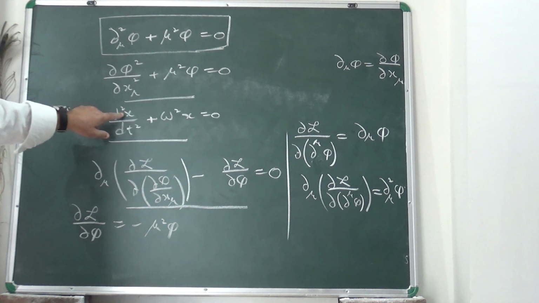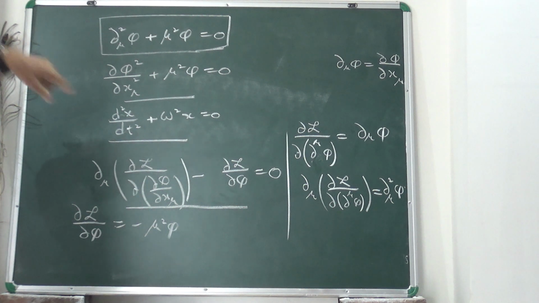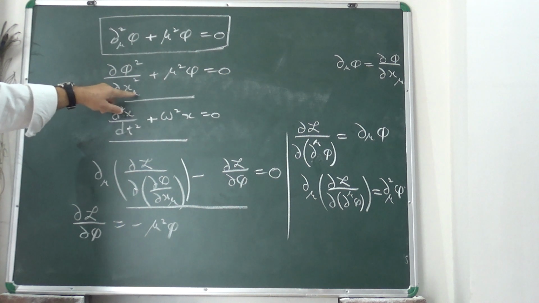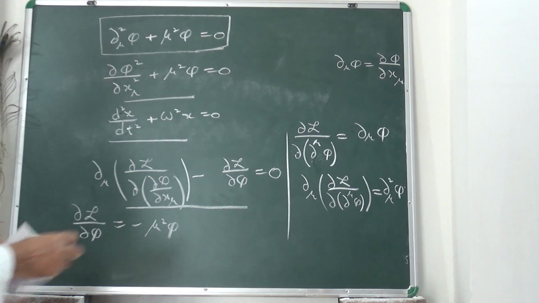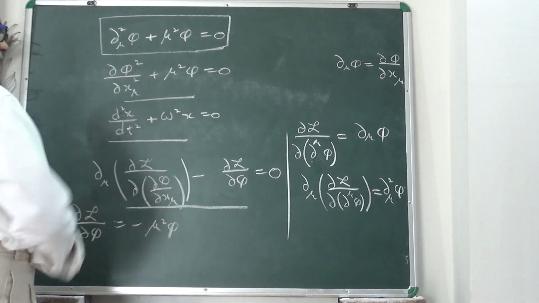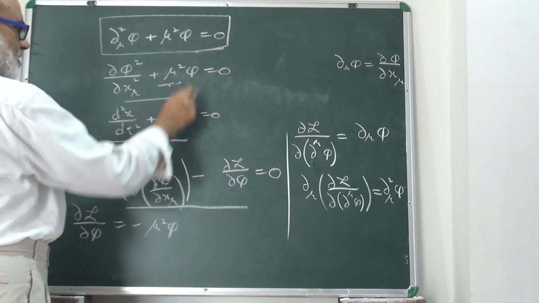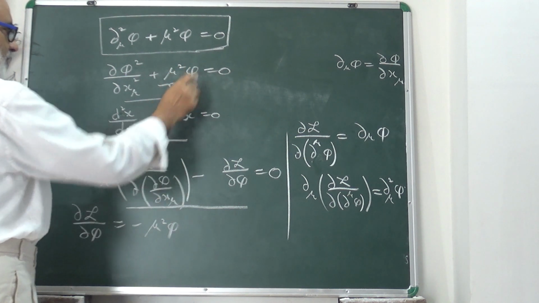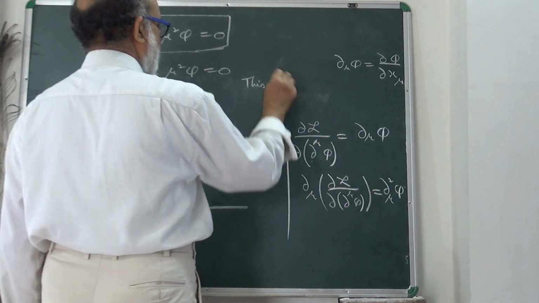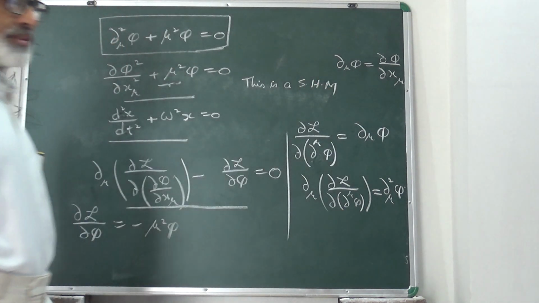Here instead of position x, we have the field. The position varies with time, but here the field varies with both space and time. Mu has 4 components, 1 component for time and 3 components for space. And here this is the mass term, like omega, and instead of x we have time. So you can say that this is simple harmonic motion for the field.